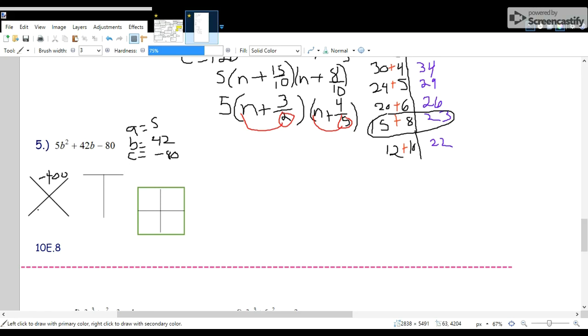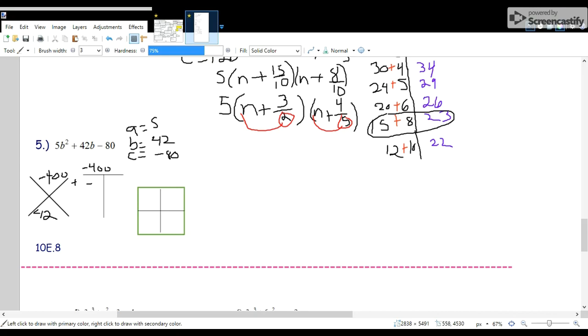Our b would be 42. From here we can write out the factor pairs of negative 400. Since a times c is negative and b is positive, we have different signs and the bigger number is positive.